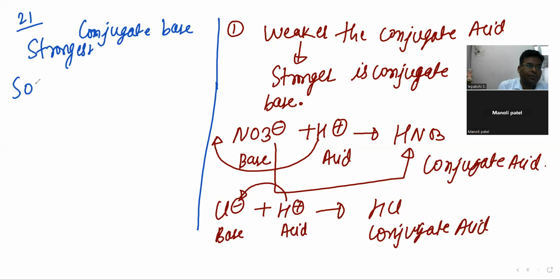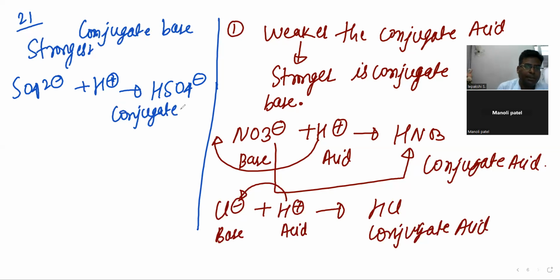Now see the next one. Next one is SO4 2 minus. It reacts with H plus, right? So one charge is neutralized, one minus sign will remain there. So it will form HSO4 minus. That will be the conjugate acid, right?